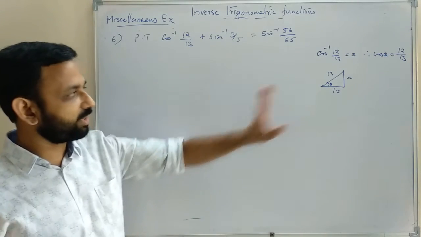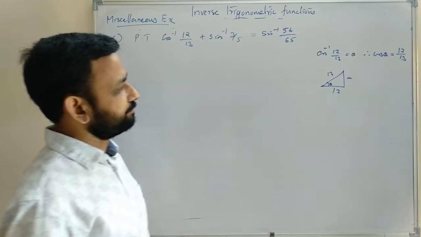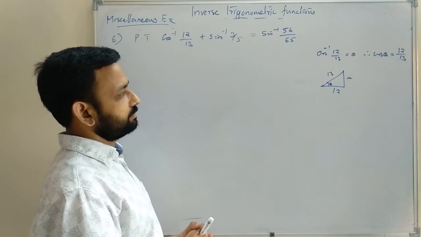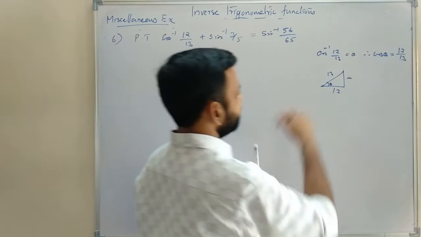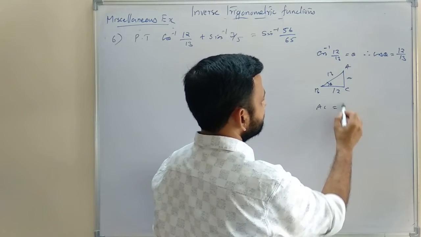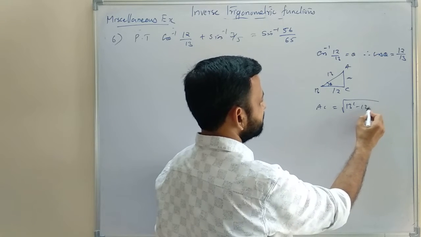So again we will draw a right triangle. Here we can find triangle ABC. AC is equal to square root of AB square minus BC square, 13 square minus 12 square.